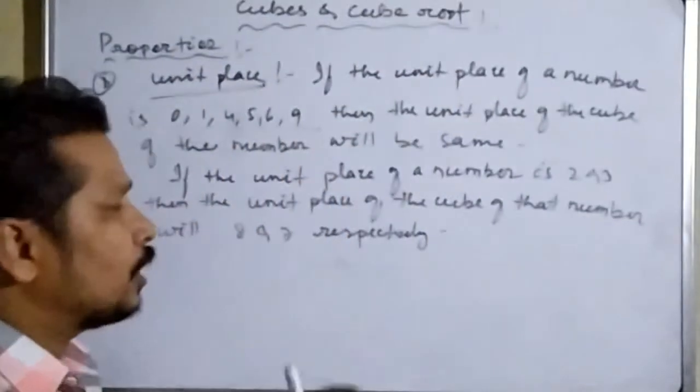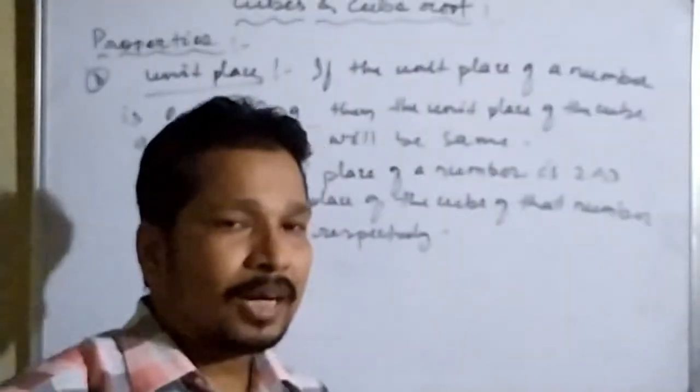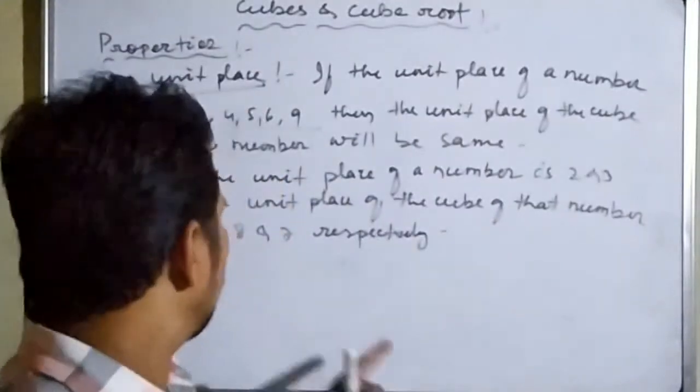That means if a number has unit place 2 and we find the cube of that number, then the unit place of the answer will be 8.